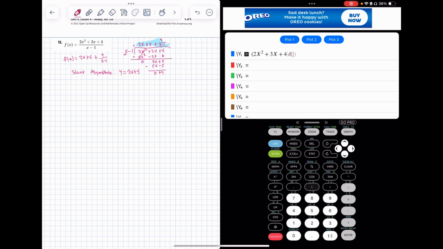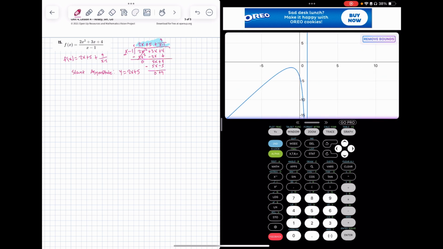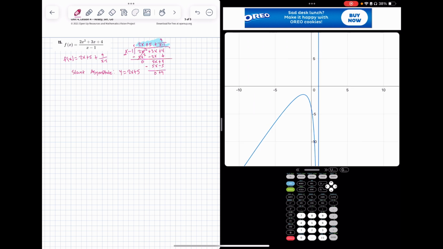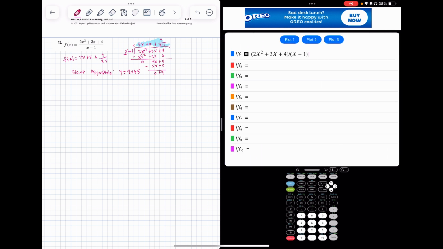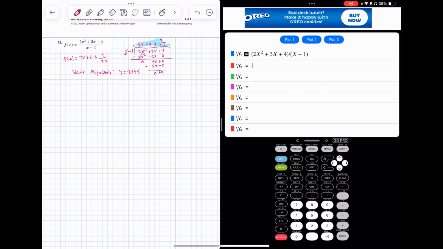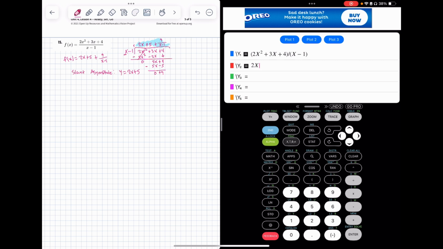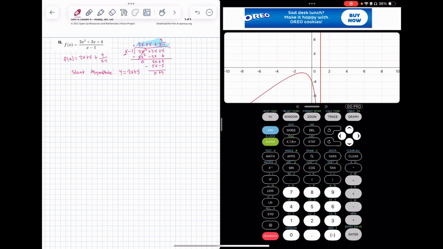Let's just put parentheses to be on the safe side. Okay, so let's graph that. Oh, interesting. Look at that. Beautiful. And then let's grab the equivalent function that we just found: 2x plus 5 plus 9 over x minus 1. This is important when you put parentheses, close them up. And let's graph those. So that's the red one, right?